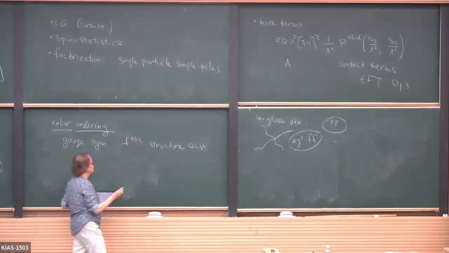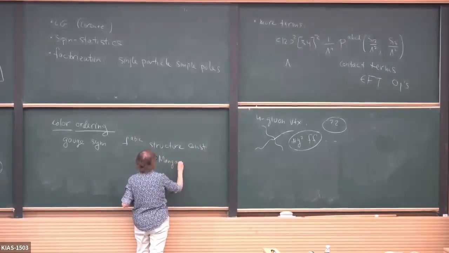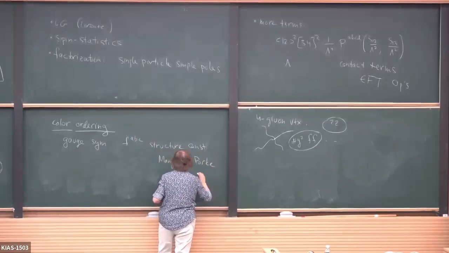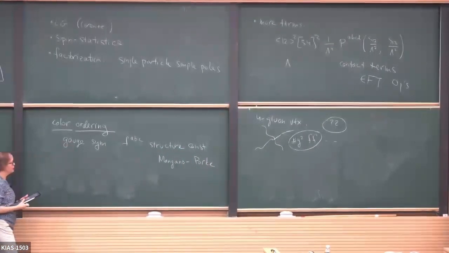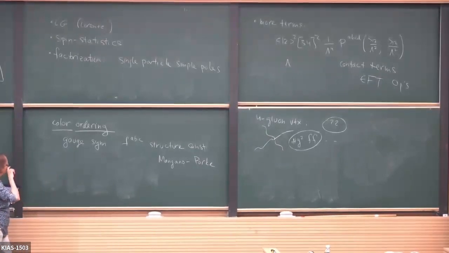And so the idea of color ordering is very old. There's actually a very useful review that describes it by Mangano and Parke that's very, very old. And it also contains lots of useful identities for color structures and the cross-section. So that's a nice place to read about this. So the idea is the following.